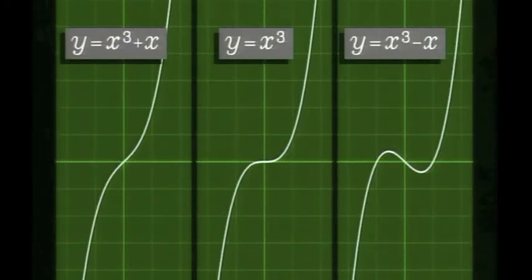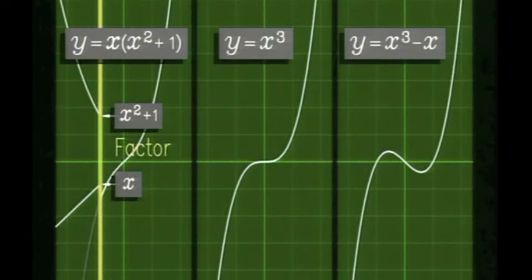Every cubic crosses the x-axis at least once. To see why, factor the cubic as the product of a linear factor and a quadratic factor.